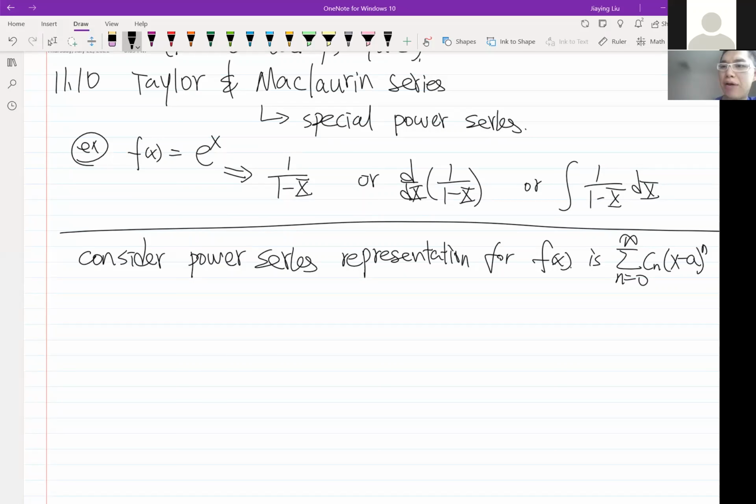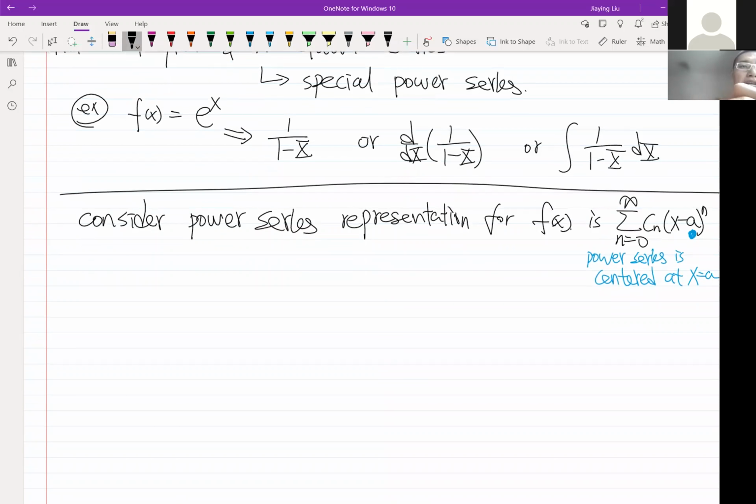This means the power series is centered at x equals a. So that's what this part tells you. That's just a definition.